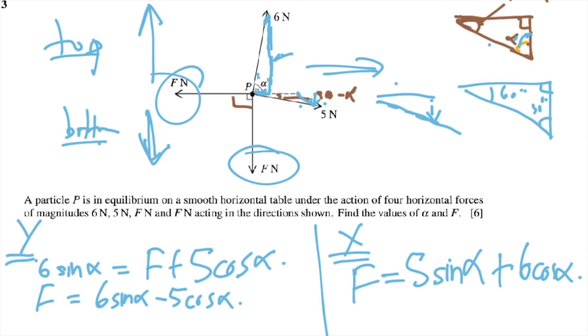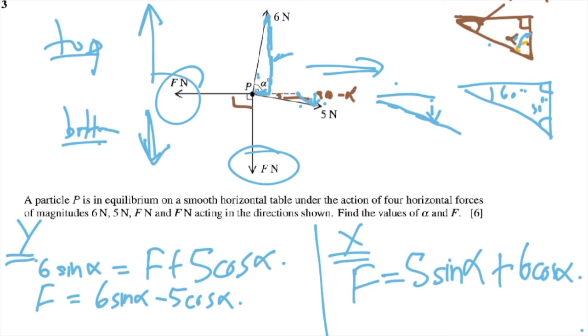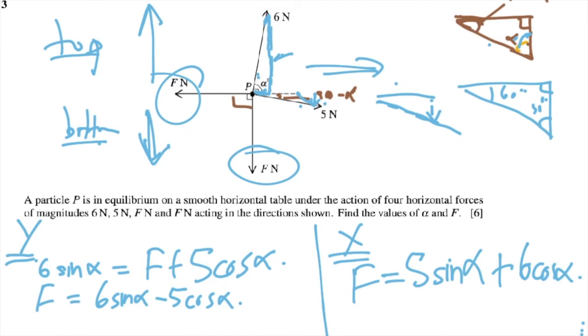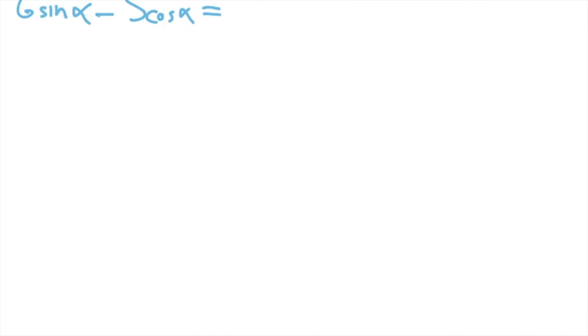Now I'm going to equate these two. So I have 6 sine alpha minus 5 cos alpha equals 5 sine alpha plus 6 cos alpha.